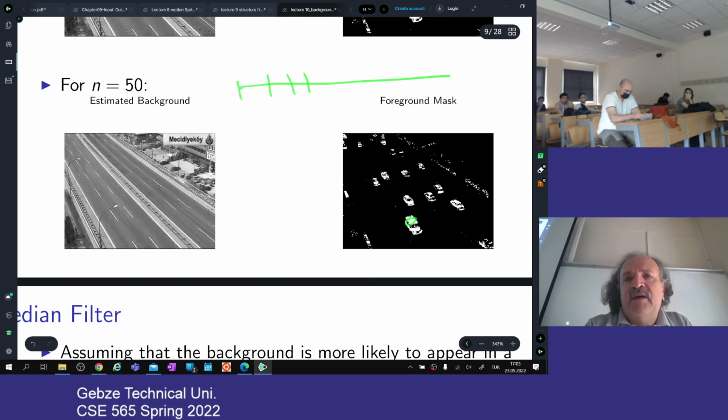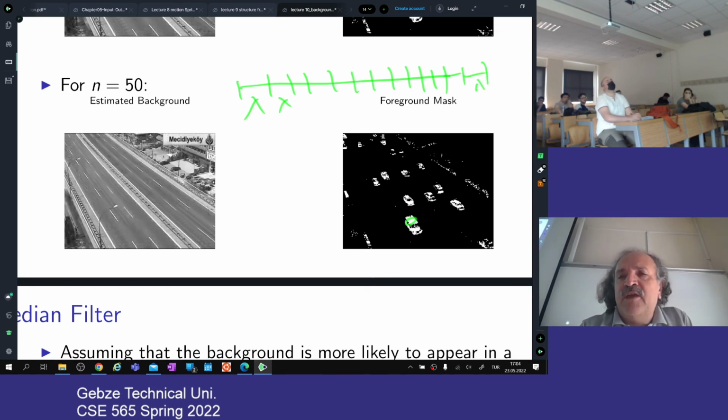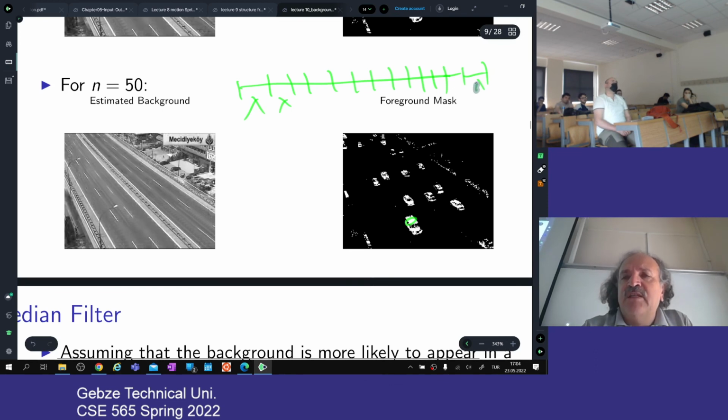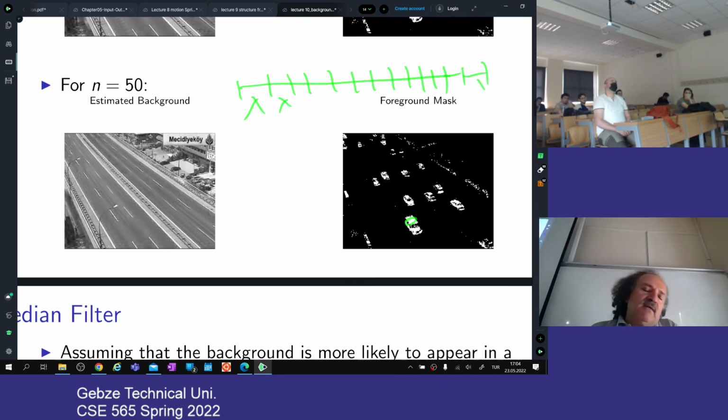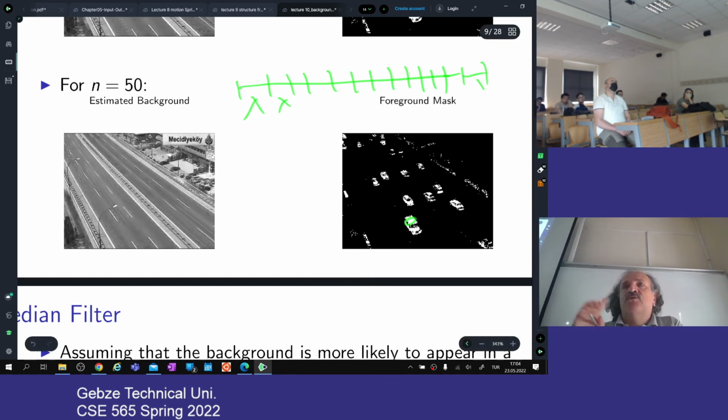If these are my 50 images for a pixel, I know the total, so get rid of this one, add a new one. Get rid of this one and add a new one. If I keep doing this, it's a running average, right? In real time, I can always calculate my background. Of course, you need to keep these 50 images in your memory, otherwise it doesn't work.